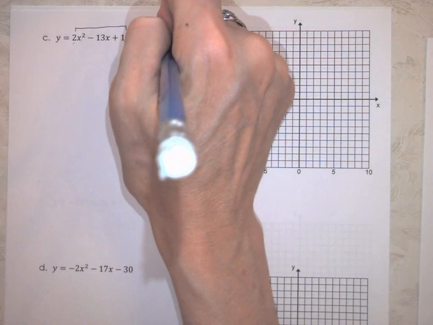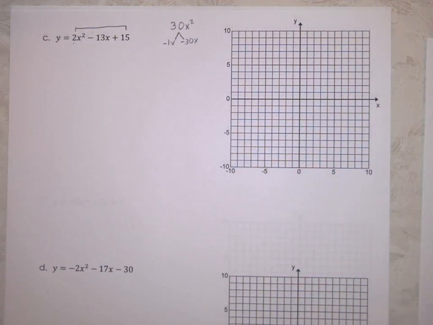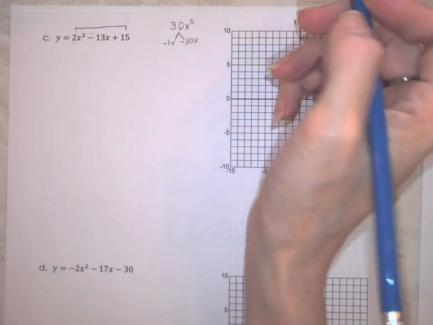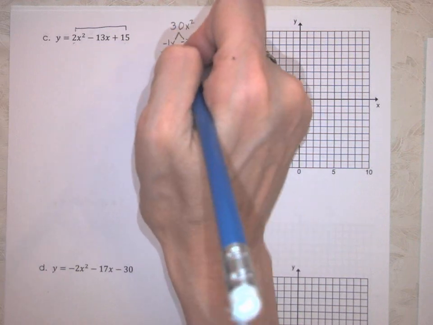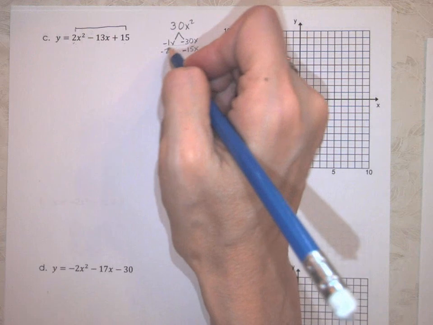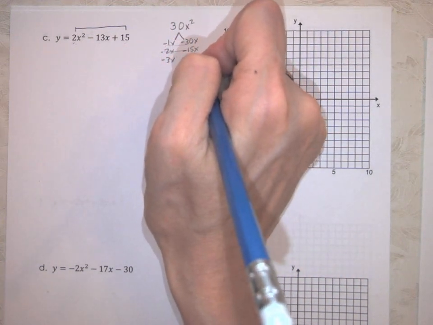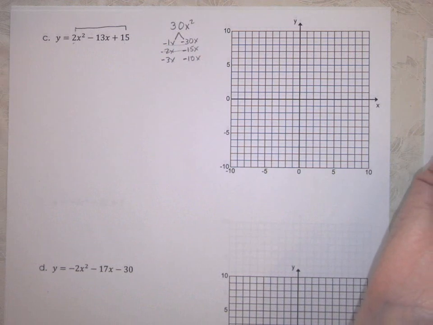So we can try negative 1x and negative 30x, but that adds up to negative 31x, so that's not it. Negative 2x and negative 15x adds up to negative 17x, also not it. Negative 3x and negative 10x does add up to negative 13x.